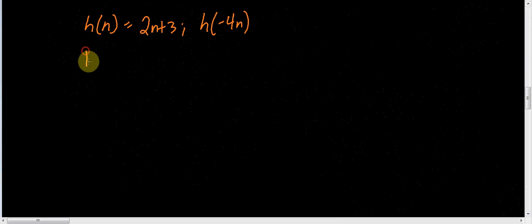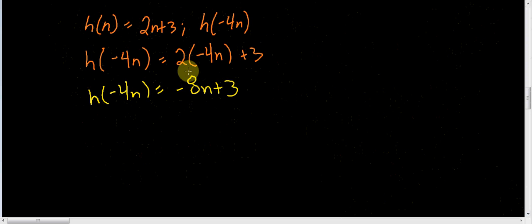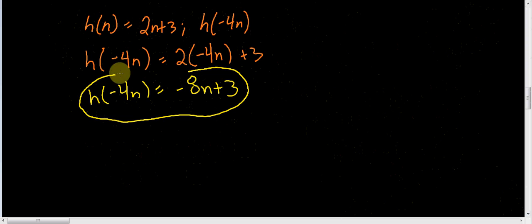Alright, well, everywhere we see an n, we're going to put in negative 4n in parentheses. So we do that right there. So we have h of negative 4n is equal to negative 8n plus 3. And that's actually the answer. We can't simplify any further than that. So it's about as simple as it gets when you're evaluating right there.